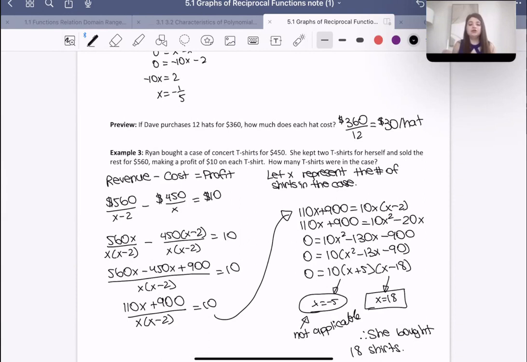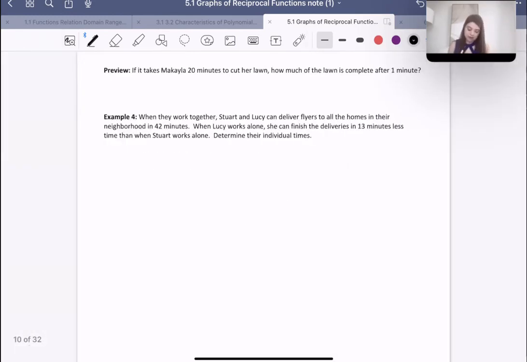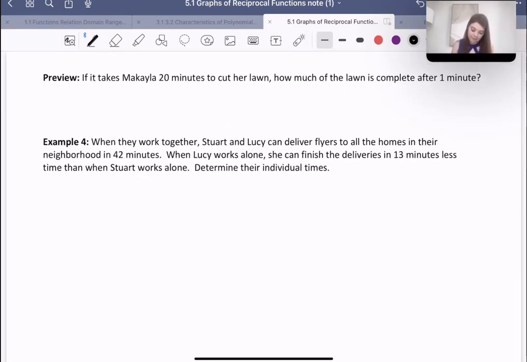All right, let's do one more example like this, because I know word problems with the rationals and reciprocal functions aren't everyone's favorite, but I do want to do a couple more examples to demonstrate this a little bit further. Let's do another preview though. It says here, if it takes Michaela 20 minutes to cut her lawn, how much of the lawn is completed after 1 minute?